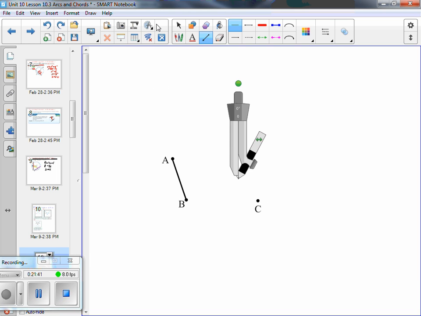I want to move point C a little bit. It's too close to horizontal. It messes up my little straight edge tool here. All right. Now what we want to do is construct the perpendicular bisector of each of those segments.